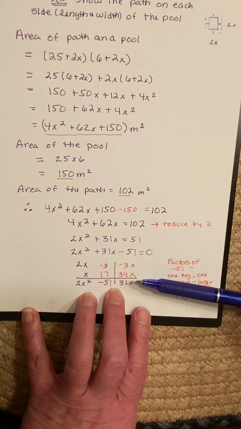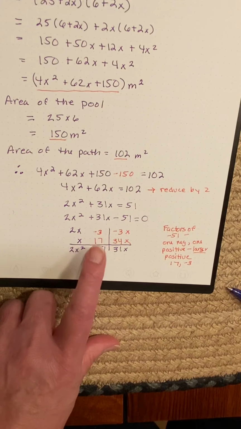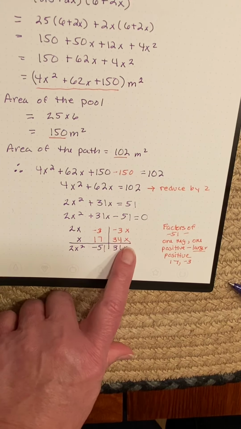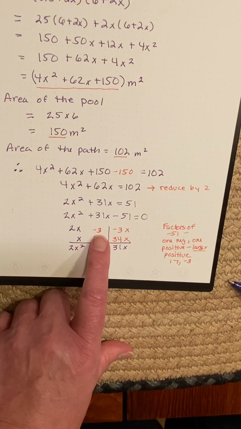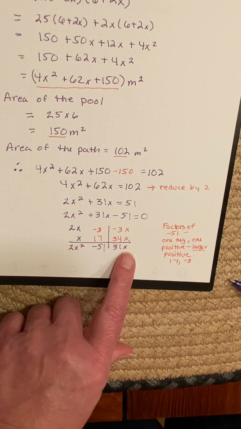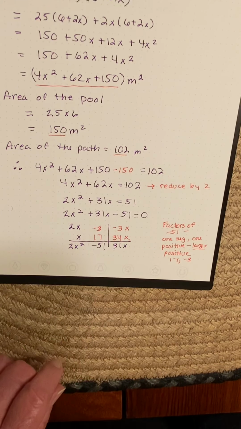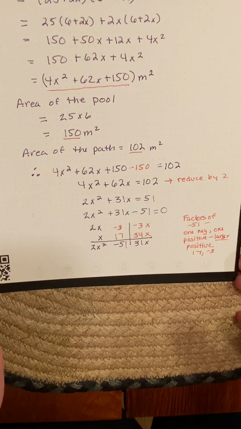Now that doesn't automatically equal 31X, but remember I have to have one of them doubled. So if I double my 17, that gives me 34X, and this is a negative 3X, and that works out to 31X. So when they're doubled, you have to double one of these factors to make it work out. And you've probably figured that out in previous lessons.